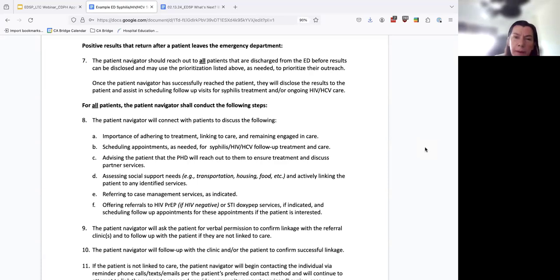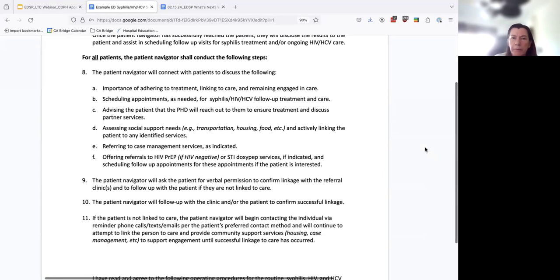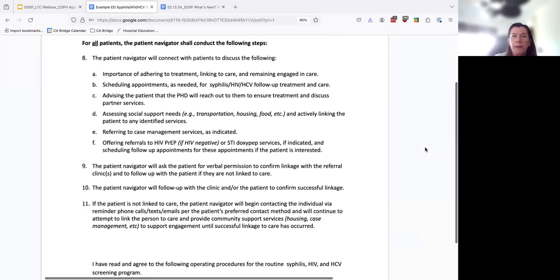Okay, so for all patients, the patient navigator should be responsible for covering the following steps. And again, here I think we'll add one more, which is disclose results if they haven't been disclosed. But then from there, importance of adhering to treatment, linking to care and remaining engaged in care, really just educating patients about that importance, scheduling appointments as needed.